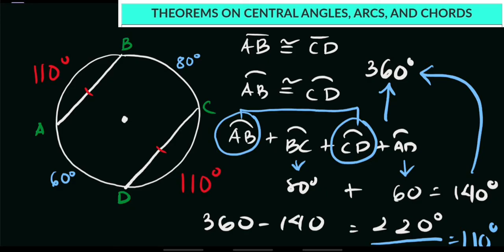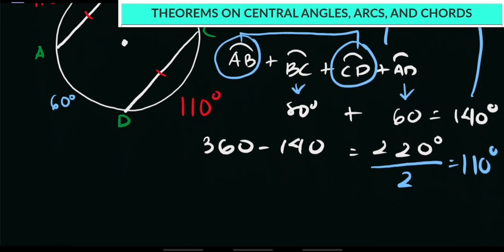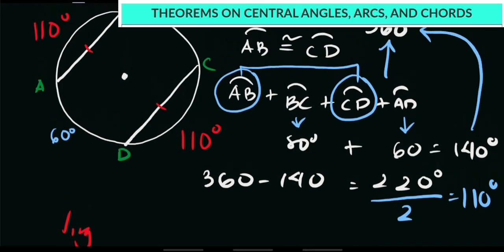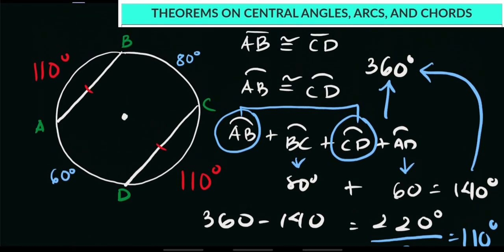If you want to double check your answer, just sum the entire measurement of this set of minor arcs. It must be equal to 360.